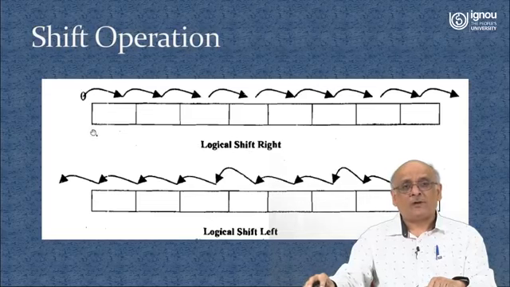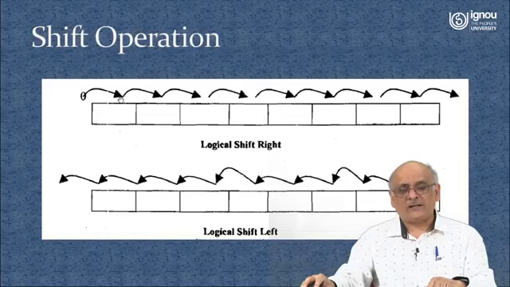All right. So if I say shift right, you can see how the things are moving. All these three types of instruction, that is logical, arithmetic and rotation, differ only in how this bit is going to enter here.